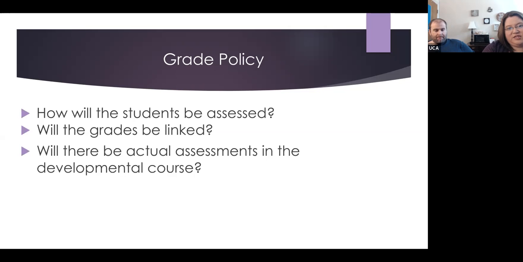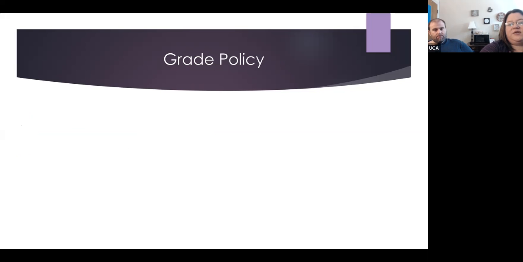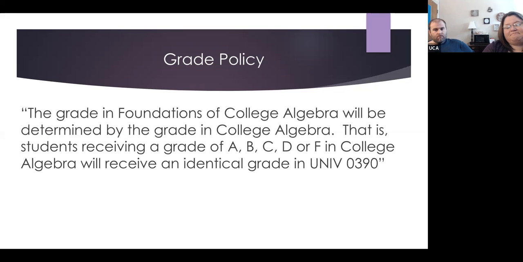And everything that we do in foundations, grade-wise, needs to be mirrored in college algebra. So here's our grade policy. The grade in foundations will be determined by the grade in college algebra. That is, a student receiving a grade of A, B, C, D, or F in college algebra will receive an identical grade in foundations. Very straightforward.